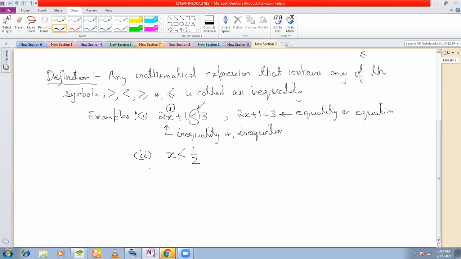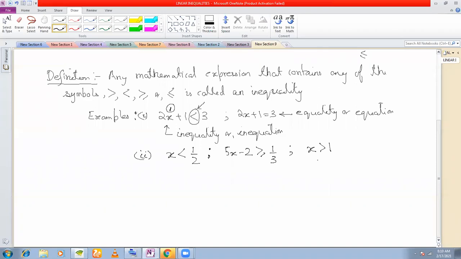This is also an inequality. Or 5x minus 2 greater than or equal to 1/3. Another example of an inequality. Or x greater than 1. This is also another example of an inequality.